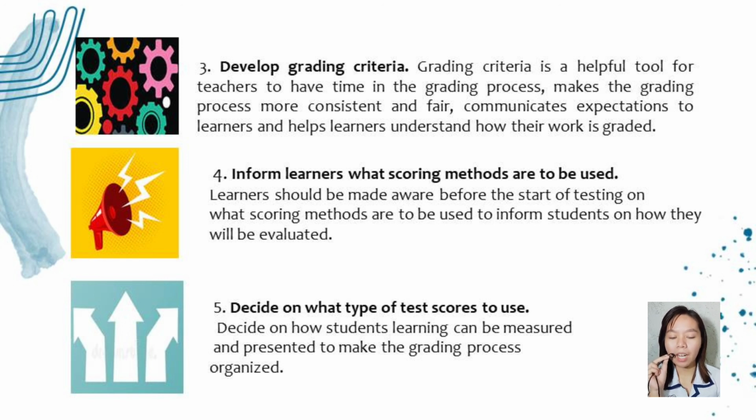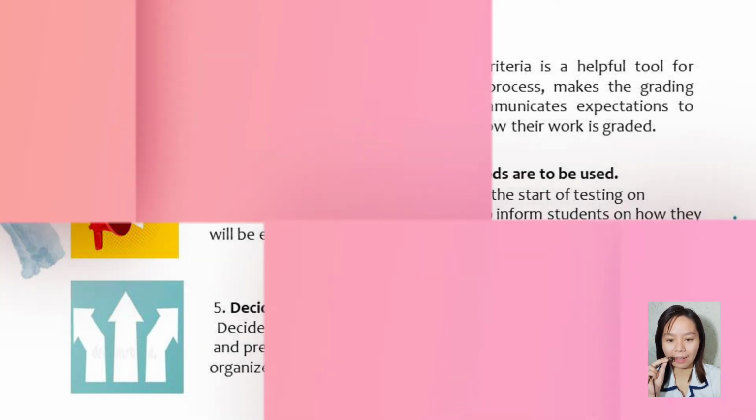Learners should be made aware before the start of testing on what scoring methods are to be used to inform students on how they will be evaluated. And lastly, decide. Decide on what type of test scores to use. Decide on how students' learning can be measured and presented to make the grading process organized.